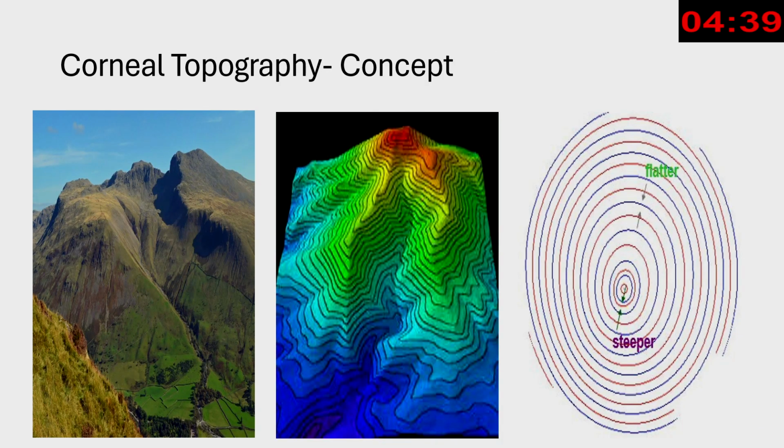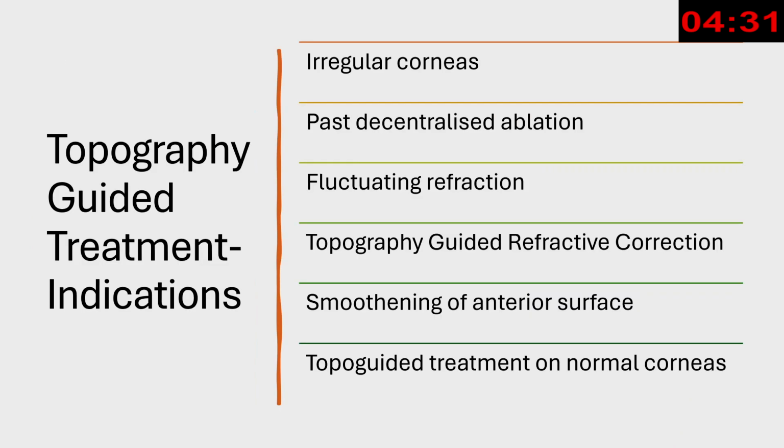The concept of topo-guided LASIK can also be applied similarly to topography-guided surface ablation, where the image of the corneal surface is captured, and the laser ablation can be customized according to the findings of the surface. The specific use of topography-guided treatment, especially surface ablation, is in cases of irregular corneas, especially after decentered ablation and in patients with fluctuating refraction.